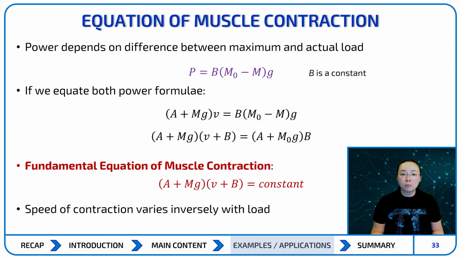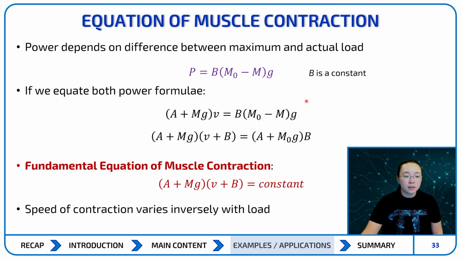So using a proportionality constant B, he said P, muscle power, is equal to B times the difference between the two loads multiplied by g. So that's going to be some sort of force, mg, multiplied by a proportionality constant B. So now we have two equations for P. We have the one that we got before with energy or work over time, which is presented here on the left.